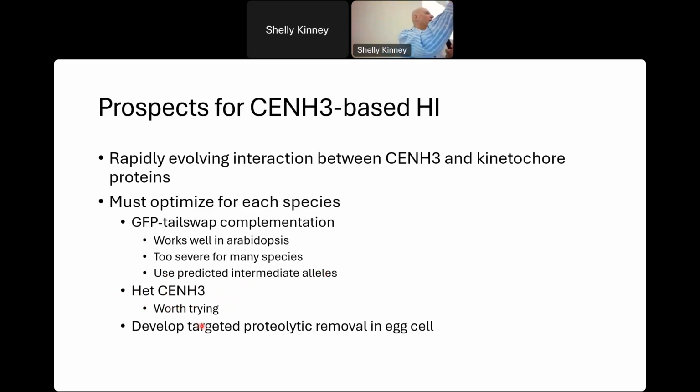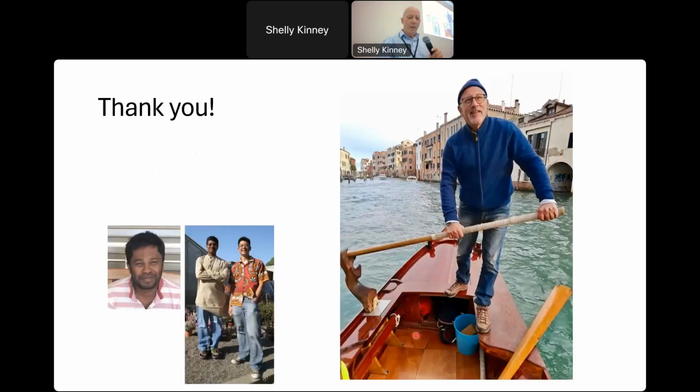So you would make a hybrid and then play on a polymorphism. We actually have done that. It's possible. So you get a clean heterozygote. Then you complement it after that. And there are labs that have developed targeted proteolytic removal in the egg cell. The Huben lab has a paper in bioRxiv. And so that's an interesting technology. And essentially we have to keep going.